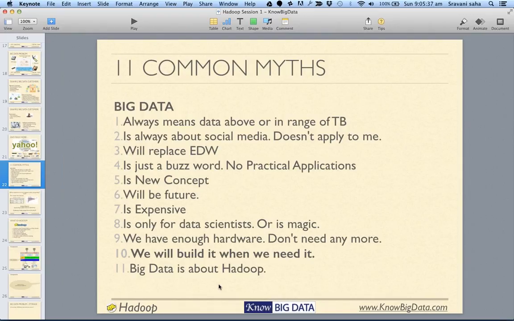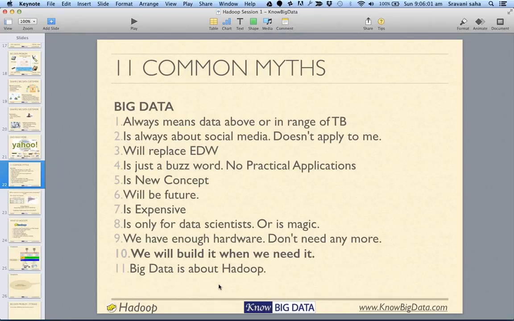Basically, instead of having the attitude that we will build it when we need it, you need to start storing now. You need to give the comfort to your developers, saying, hey, we have enough storage. You can store your logs, your debug logs, into this. So do not worry about storage because we have enough, and you don't need to drop any data.